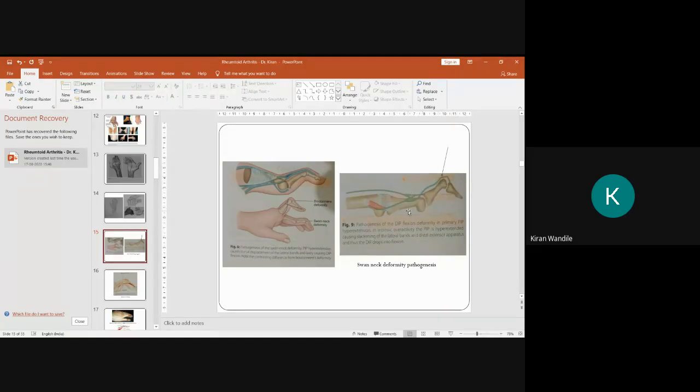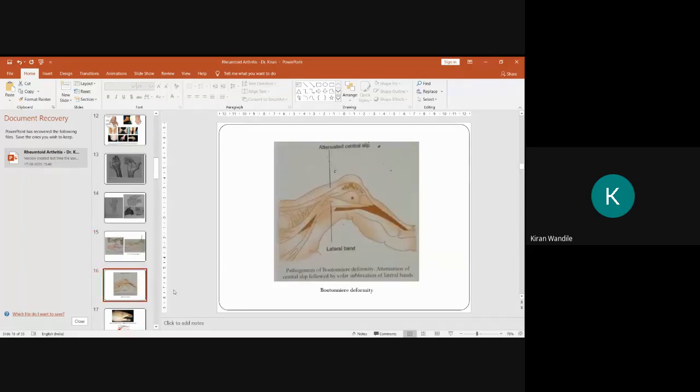You can see these lateral bands, which are normally centrally placed, due to laxity are shifted dorsally and become more lax, and now they are unable to pull the distal phalanx. So finally the DIP goes into flexion.